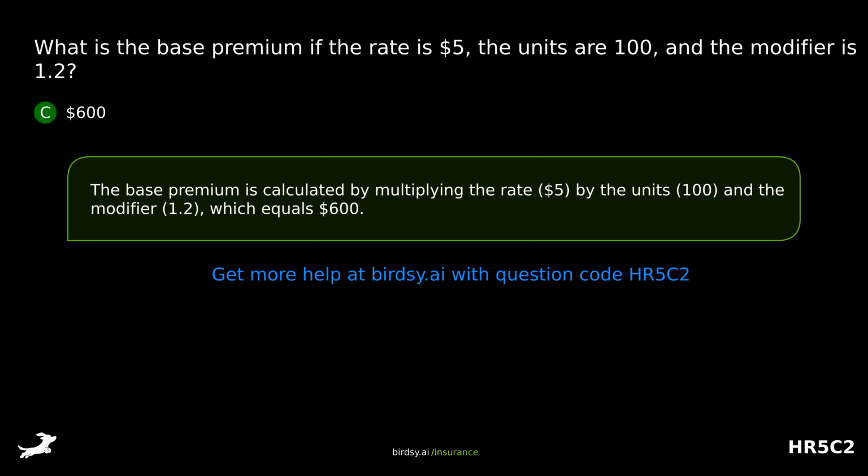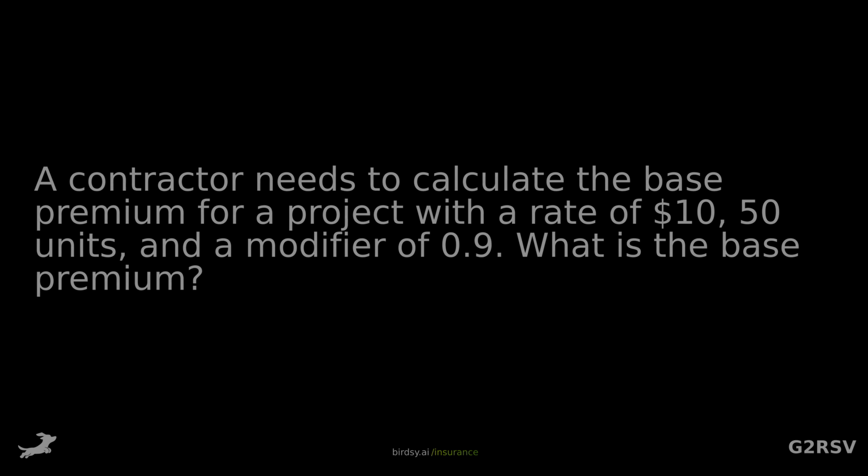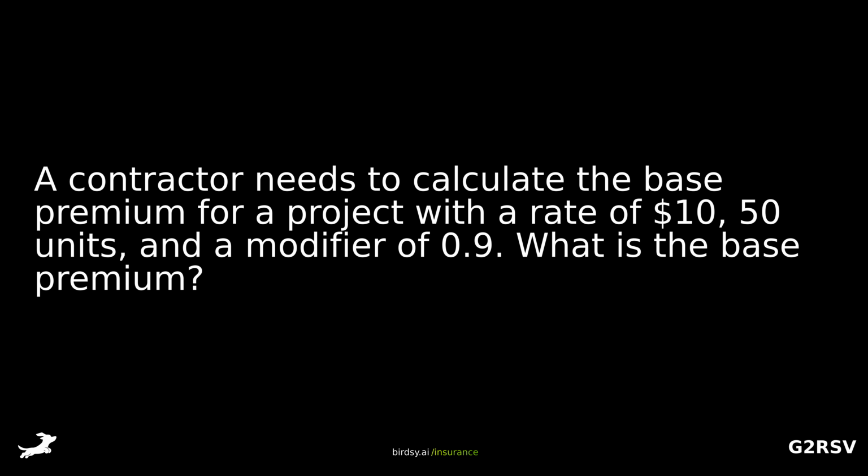The base premium is calculated by multiplying the rate, $5, by the units, 100, and the modifier, 1.2, which equals $600. A contractor needs to calculate the base premium for a project with a rate of $10, 50 units, and a modifier of 0.9. What is the base premium?